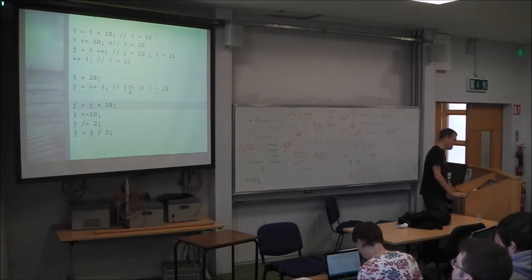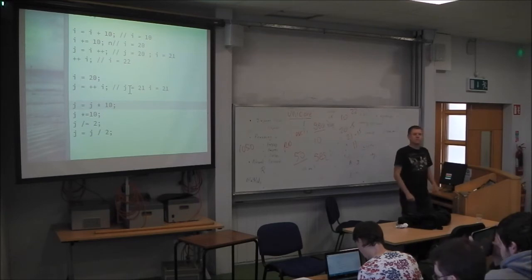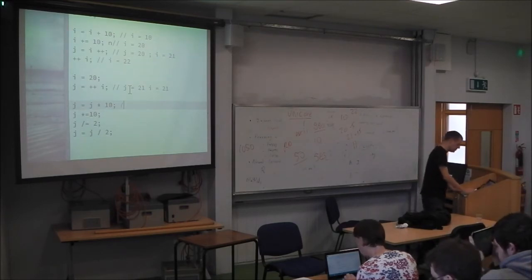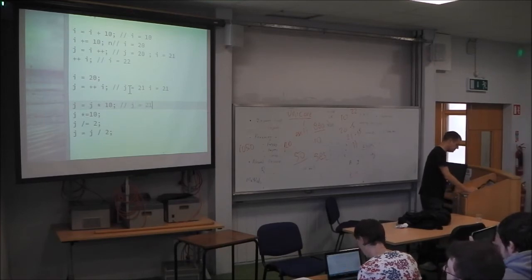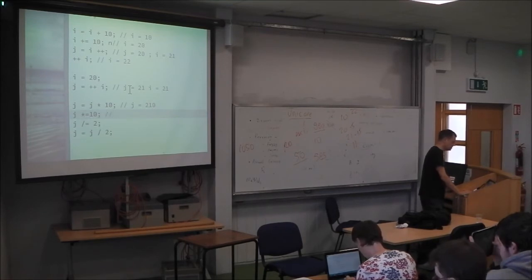Then I go j equals j multiplied by 10. So we'll take 21 and multiply by 10. Now j is going to be equal to 210. Is that okay with everybody? And then here I go j multiplied by equals 10 as well. So j now becomes 2,100.